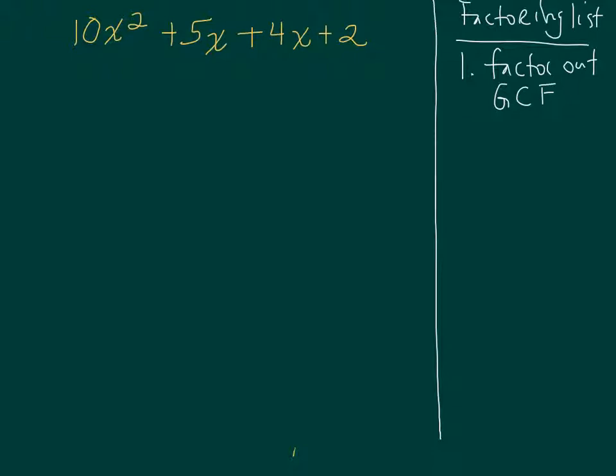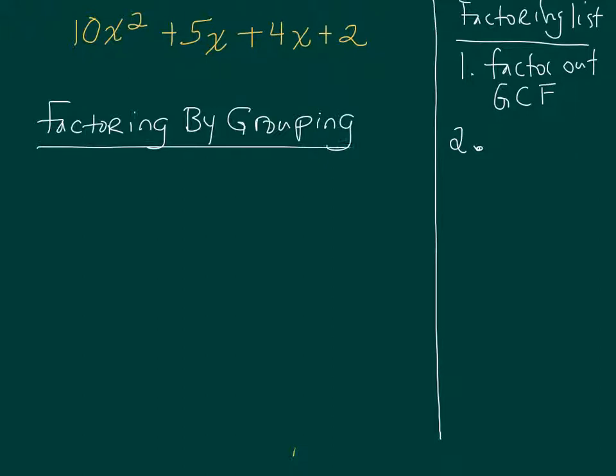So basically I can't factor out the GCF. So that means it must be time for step 2. And step 2 you can only do when you have 4 terms. Step 2 on the factoring list, we're going to call factoring by grouping. And you can only do factoring by grouping when you have 4 terms.